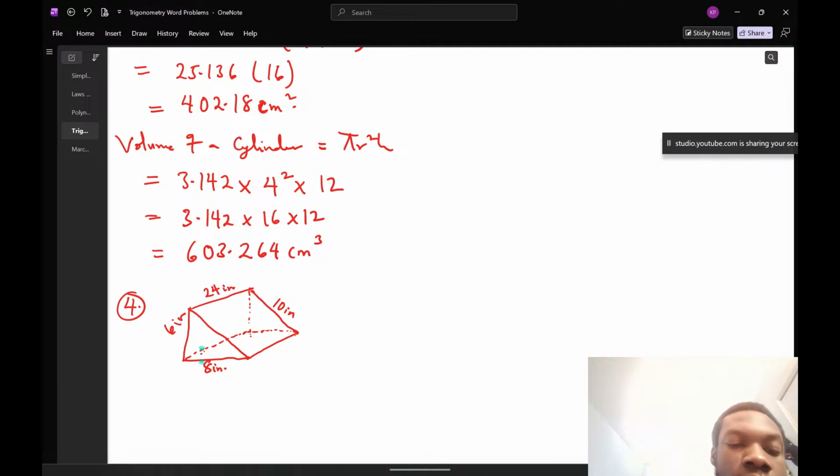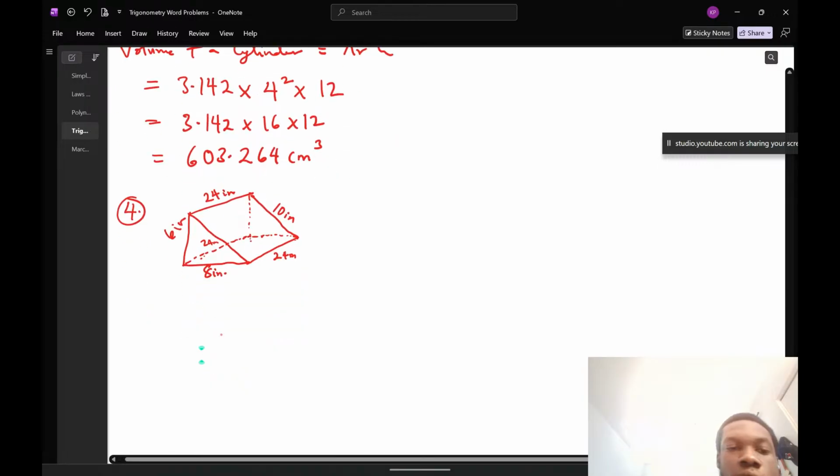Because if this side is 24 inches, this side will also be 24 inches, right? And the back length will also be 24 inches, from here to there. So now let's pull out the shapes.